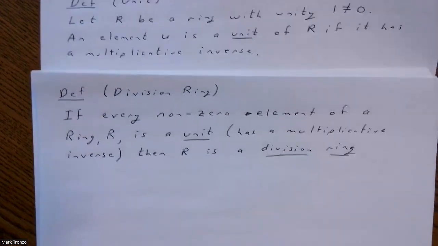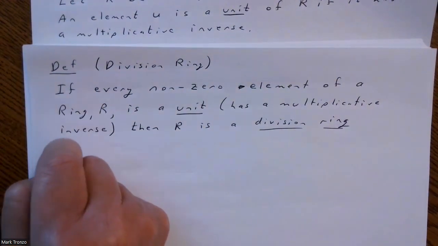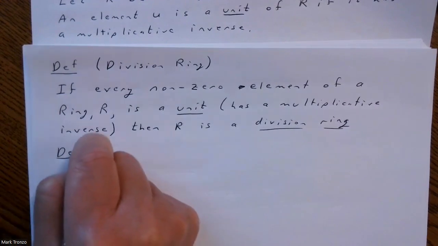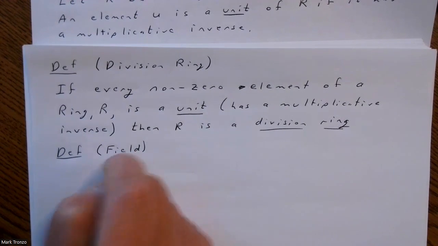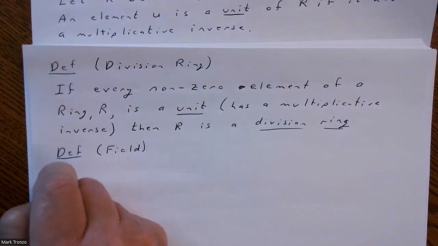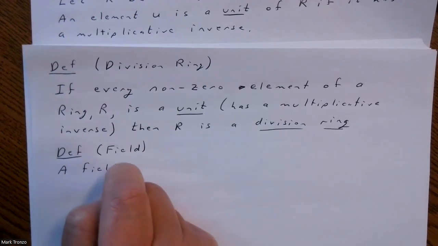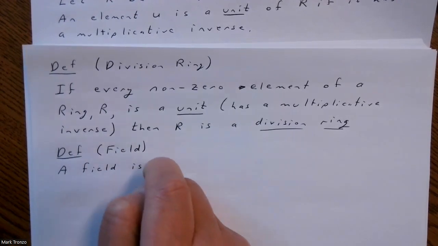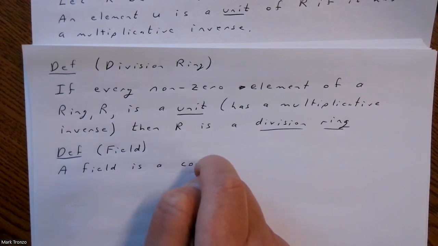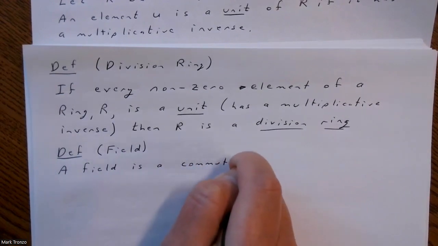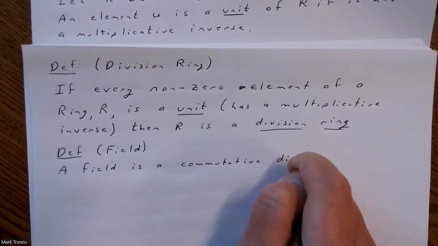Finally, the highest structure we have is a field, and this pretty much has everything in it. A field is a commutative division ring.